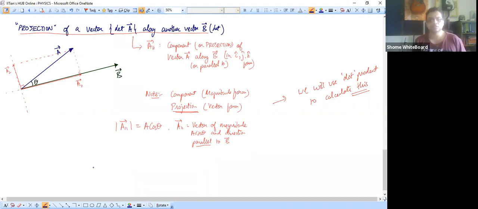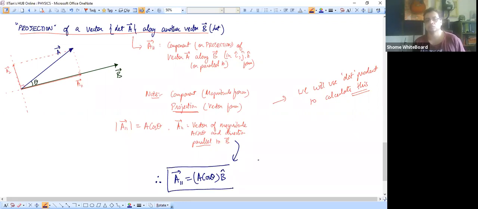Okay, so next thing we'll see is that because this is a vector which has a magnitude of A cos theta and a direction parallel to B, therefore, as a vector, it can be expressed as its magnitude, which is A cos theta, multiplied by a unit vector which is giving its direction, where B cap is the unit vector parallel to vector B, given by the simple formula that B cap is vector B divided by its own magnitude.